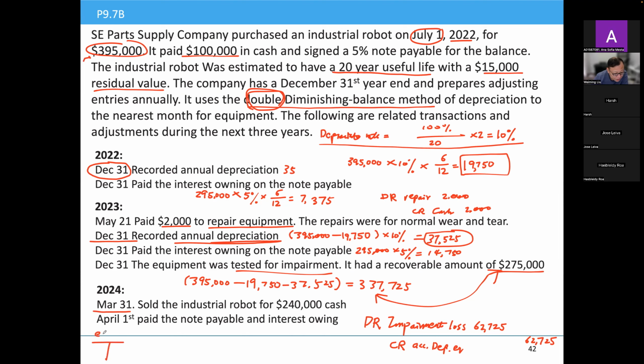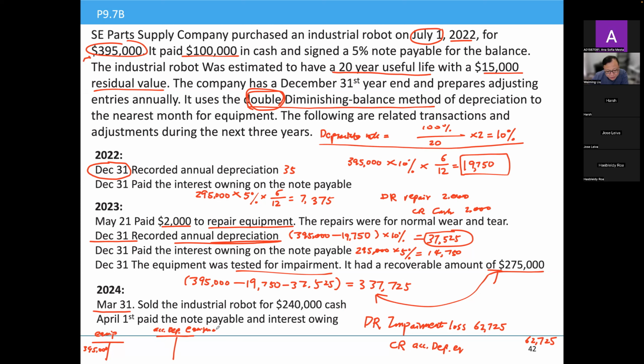This is my equipment, and my equipment is, let's say, 395,000. And then my cumulative depreciation on the equipment.